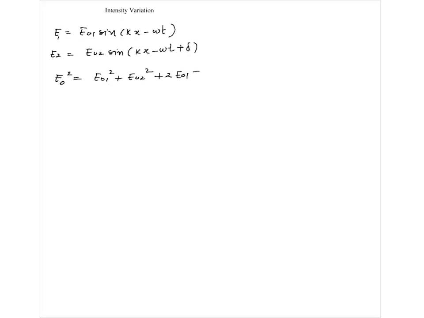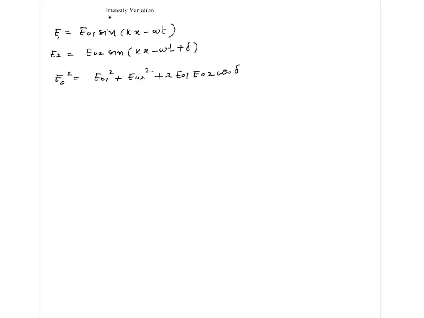When we took these equations, then we got this.